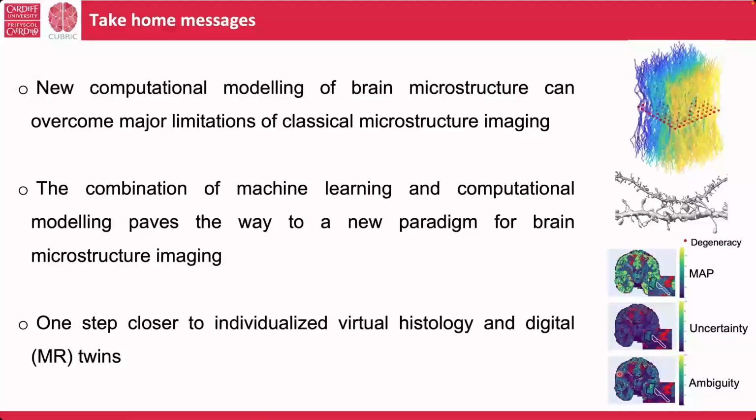It's still essential to have actual histology, and the estimation of the degeneracy and the parameter uncertainty is extremely important, because what we are trying to do is an ill-posed problem. But this talk combined with Melis's talk on Tuesday should give you a good overview of how we believe we have all the ingredients now to start addressing this challenge.